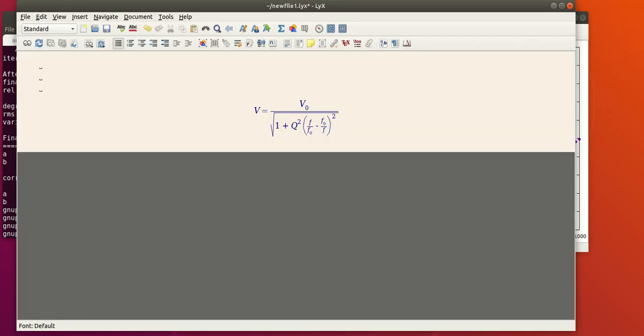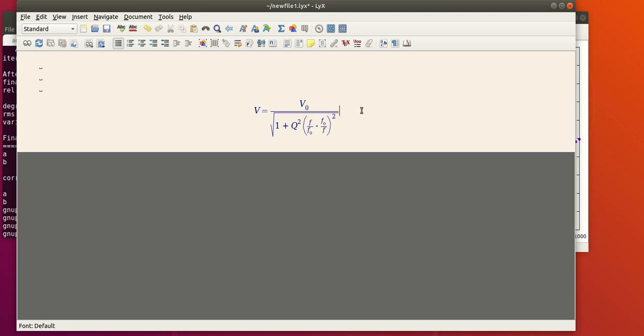So let me remind you that in resonance in, say, a standard LCR circuit, the voltage, which presumably is the data that is being plotted against frequency, has a variation which looks like this. The voltage has a peak value V0, and as frequency is varied, the dependence of V on the frequency goes like this.